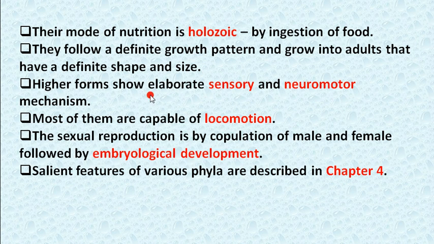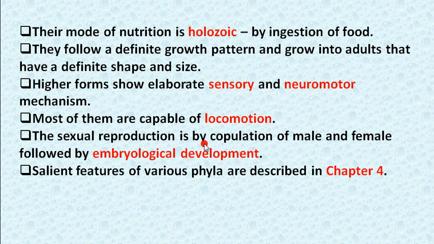Higher forms show elaborate sensory and neuromotor mechanisms. In the higher forms of animals, for example humans, there has to be a sensory and neuromotor mechanism. The neuromotor mechanism is a part of our nervous system. Most of them are capable of locomotion. Mostly animals can move from one place to another. That is called locomotion, movement.